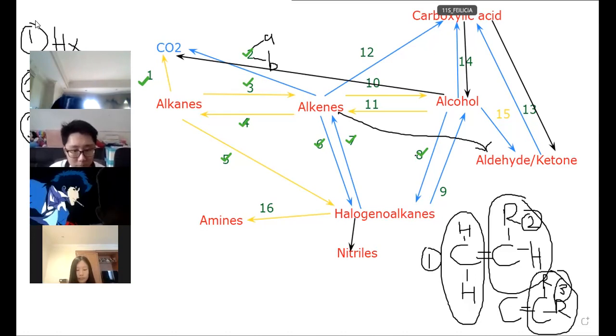Is it potassium hydroxide? Yes, potassium hydroxide. Is it ethanolic or using aqueous?